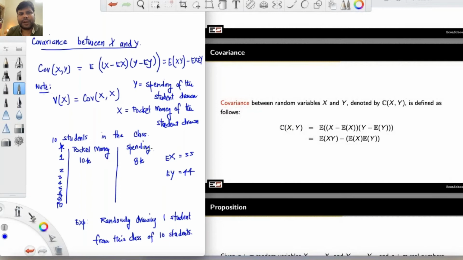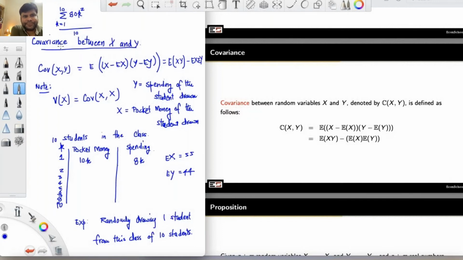Because k goes from 1 to 10, you can easily figure out the expected value of XY by doing this summation of 80k squared, k equals 1 to 10, and this whole thing divided by 10, because it's the expected value of XY, and that's what you're interested in.